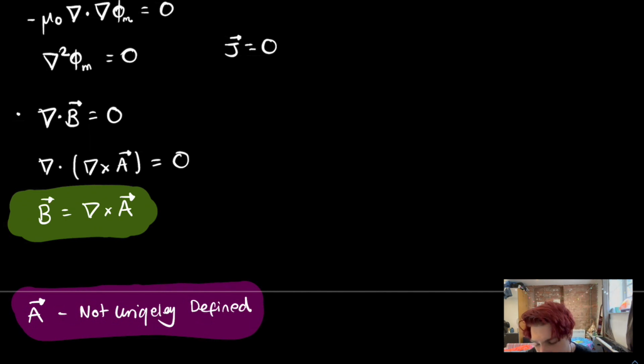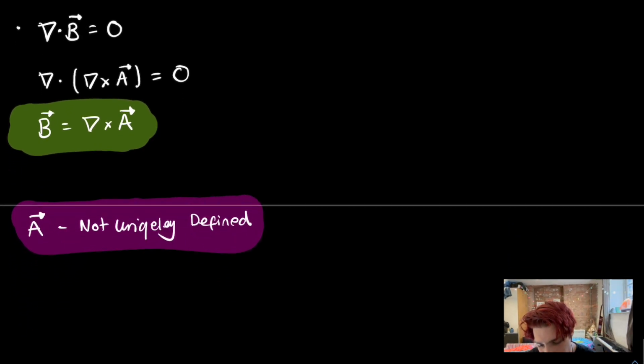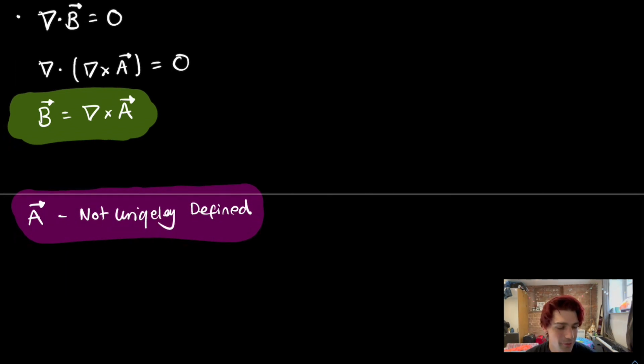This gives you a little bit of freedom. Whenever you have freedom, you have to adopt a certain convention. The convention that for now we are going to adopt is that whenever we take the divergence of this A, we're going to say that it has to equal 0.